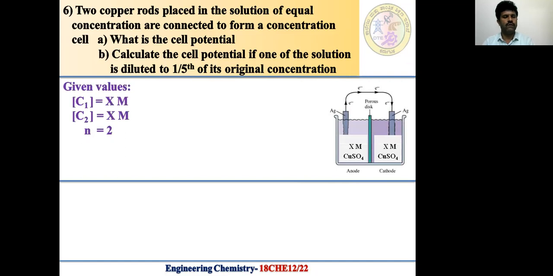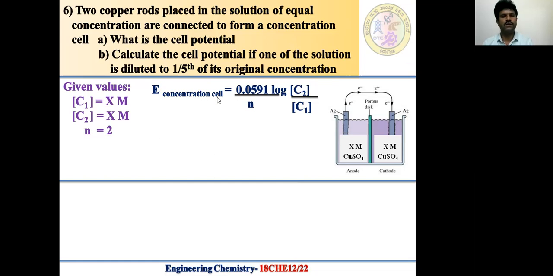So the given values are two copper rods placed in solution of equal concentration. C1 is x molar and C2 also x molar in the first case, and the value of n is 2 because they are copper rods. The EMF of the concentration cell is under standard condition because there is no temperature different from 25 or other temperatures here.